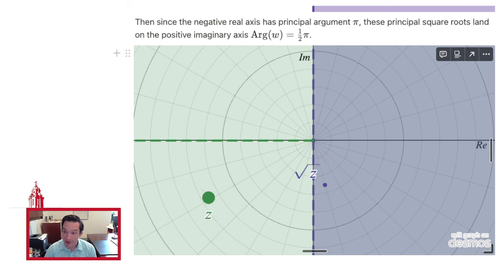So this is how the principal square root function behaves. And it gives us the ability to take the principal square root of any complex number, including the ones which are negative real numbers. It's just that we privilege the square root of a negative real number to have a positive imaginary part, and that choice creates this weird jump discontinuity as we go from one side of that branch cut to the other.